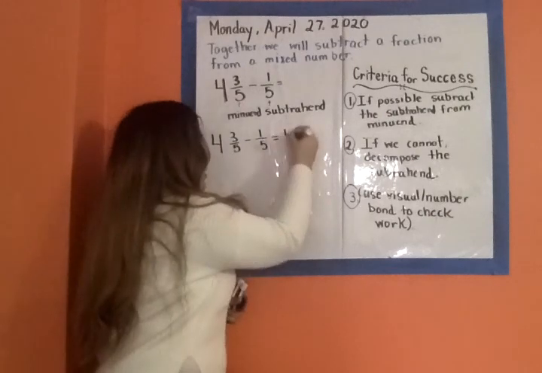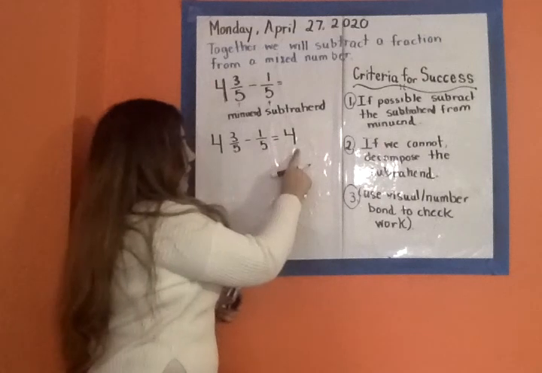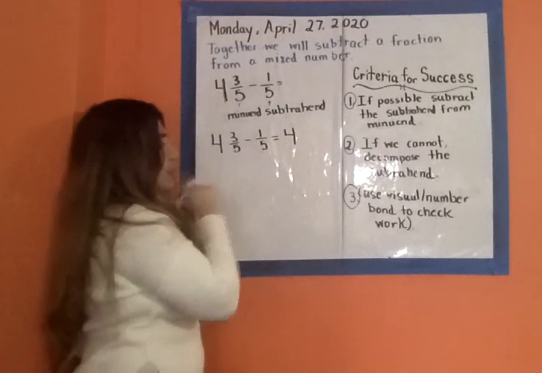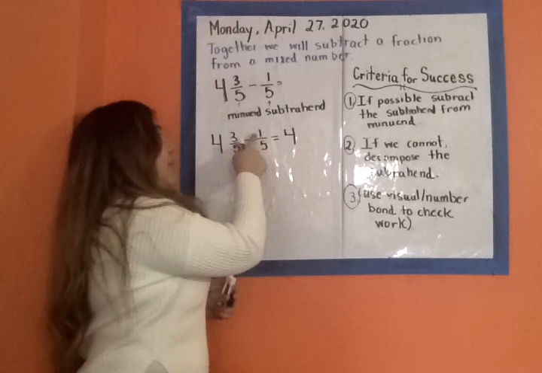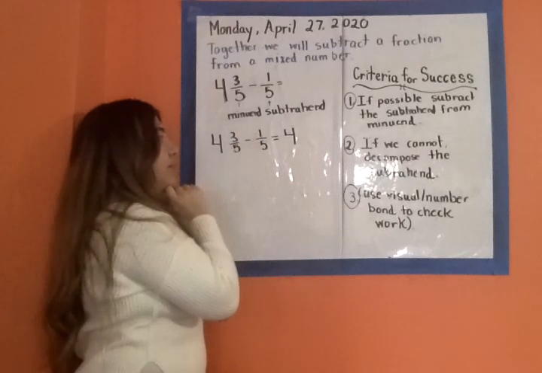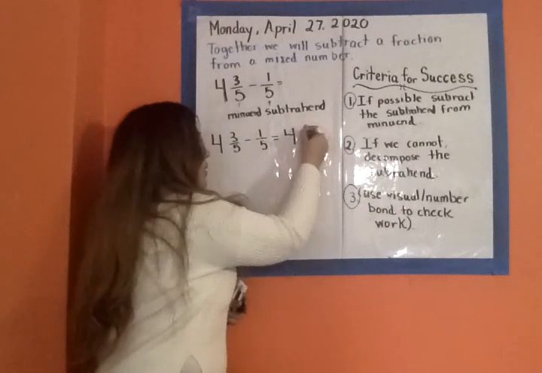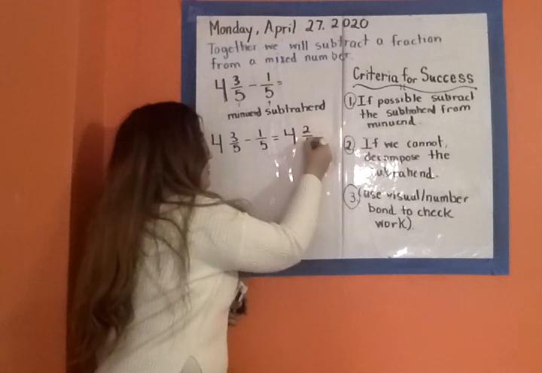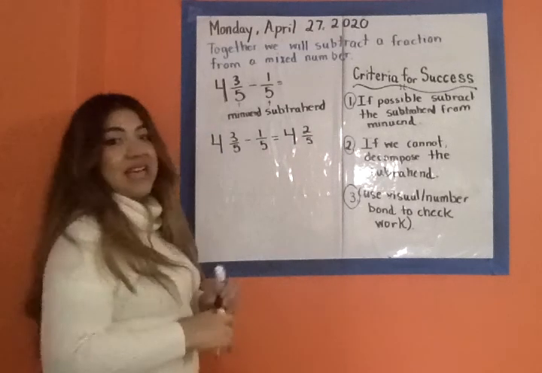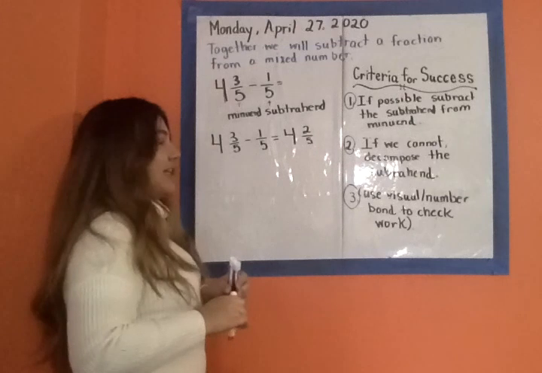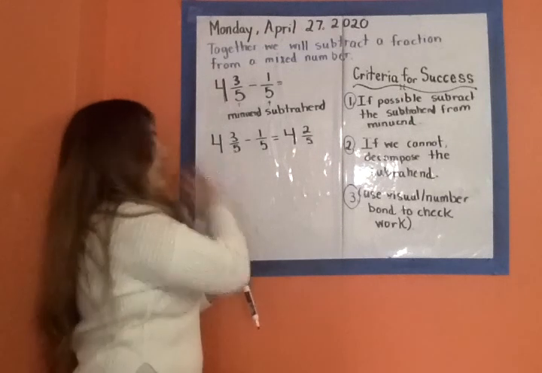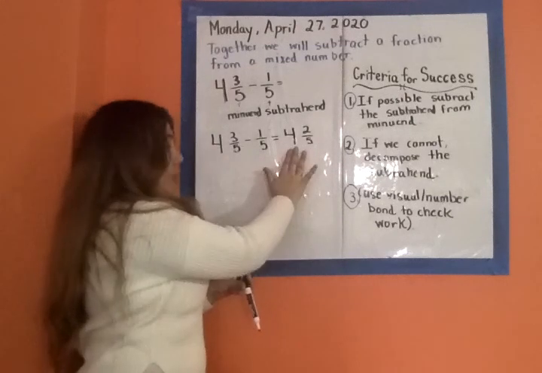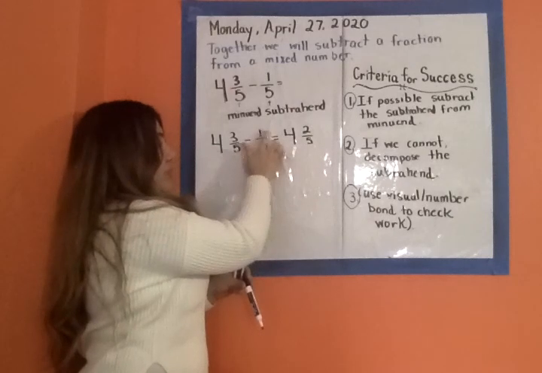I'm just going to carry it over to our difference, and then I'm going to think, taking away 1 from 3 gives me 2, and so 2/5. So this is an example, again, friends, of where I'm not touching the whole, I'm just rewriting the whole, and all I'm doing is subtracting 1 from 3.